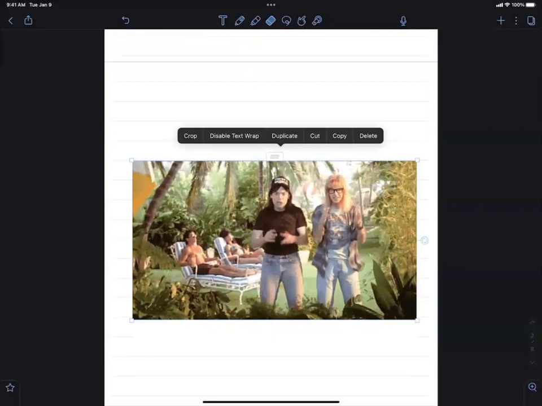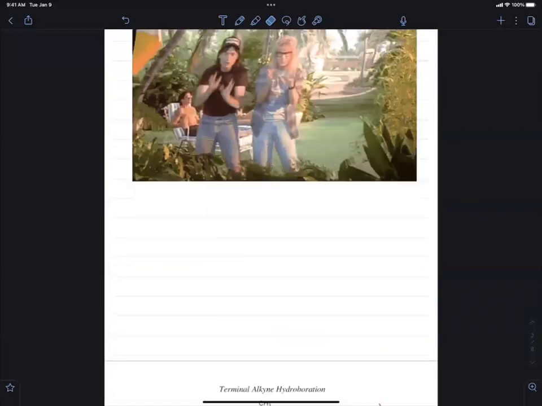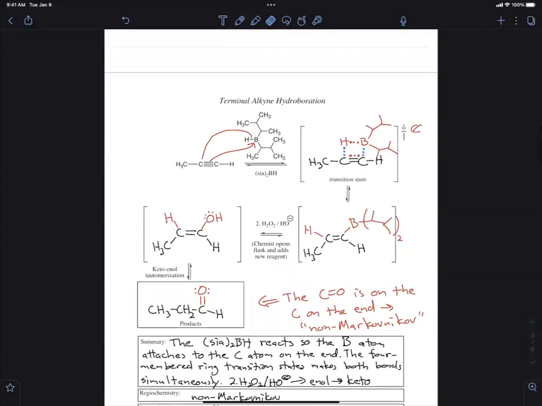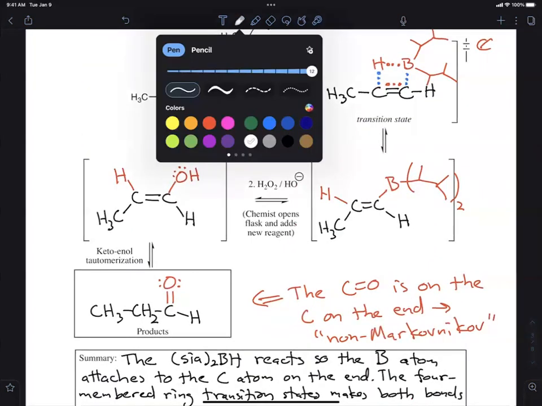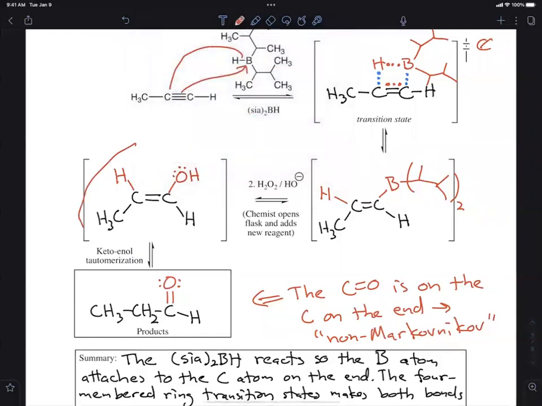I want to take you back to last semester, and we talked about a reaction of terminal alkynes with this special boron reagent. And what we talked about was that in this mechanism, there is produced a structure called an enol that spontaneously undergoes what we referred to as keto-enol tautomerization to give the final and more stable keto and/or carbonyl product.